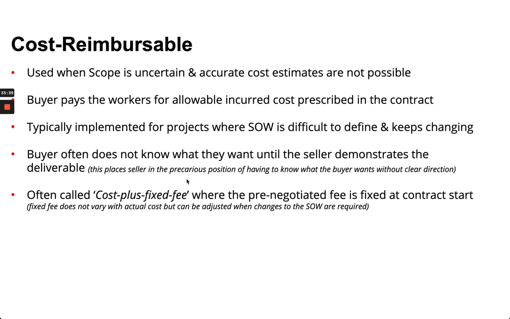This is where a pre-negotiated fee is fixed when you start the contract. You may not know, from a buyer's perspective, until the seller demonstrates something. A lot of unknowns, uncertainty in this, but it can be used very well where appropriate.